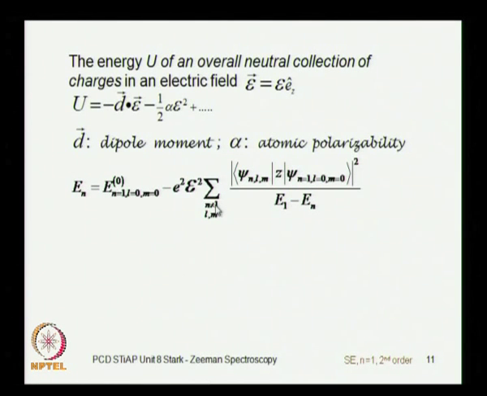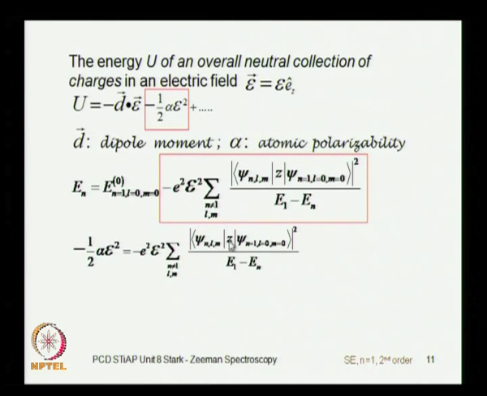So this is exact, this is n not equal to 1, right, and this is exact. Here you have the unperturbed energy: the energy of the nth state will be given by the sum of the unperturbed energy plus the energy correction in the second order. The first order correction vanishes, and in the second order correction you have got a quadratic term in the amplitude of the electric intensity, and a comparison of these two quadratic terms gives you the atomic polarizability.